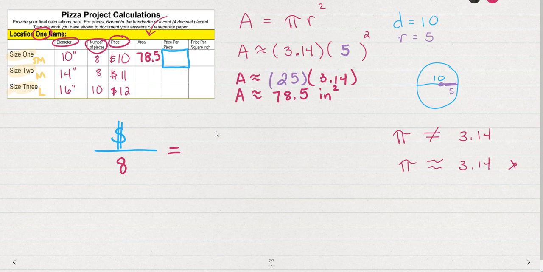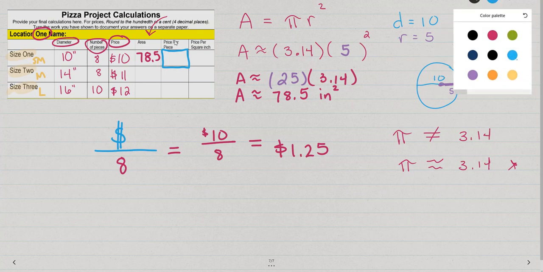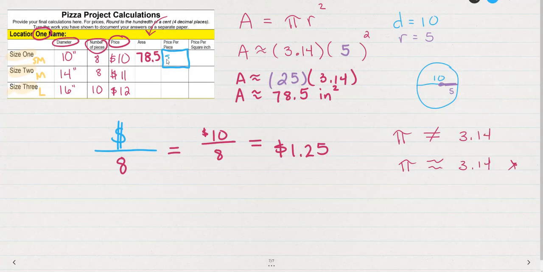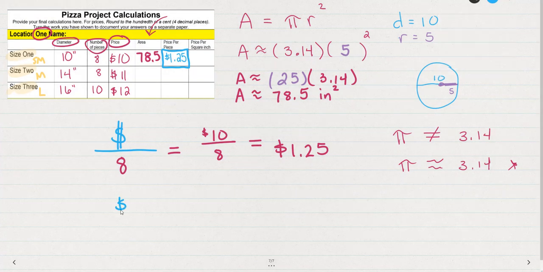This one cost $10, and if I divide $10 by 8 pieces, I'm getting $1.25. That seems like an accurate possibility. So I could say $1.25.